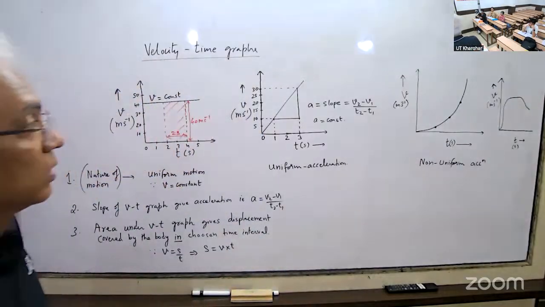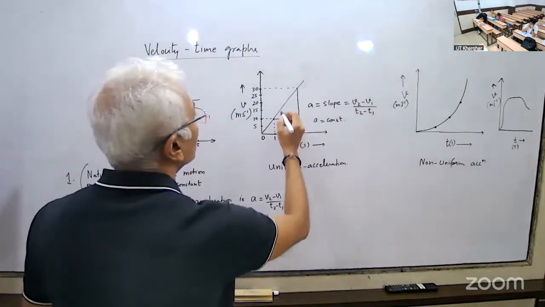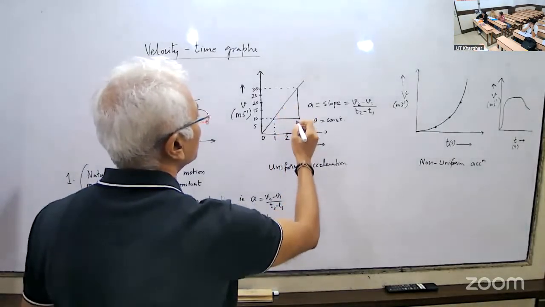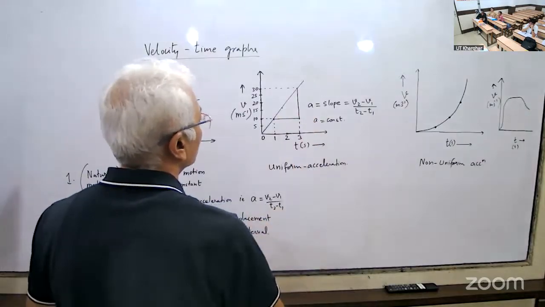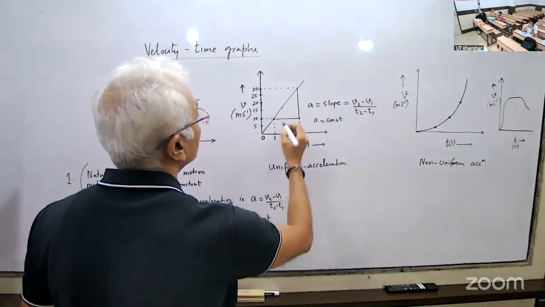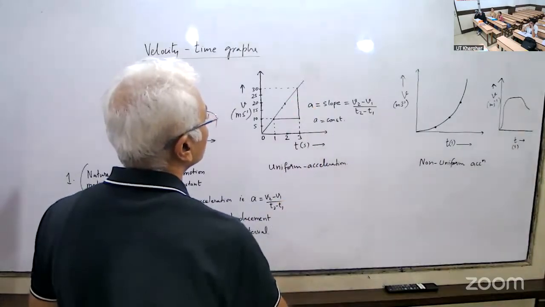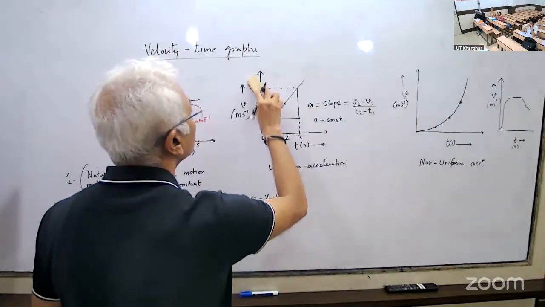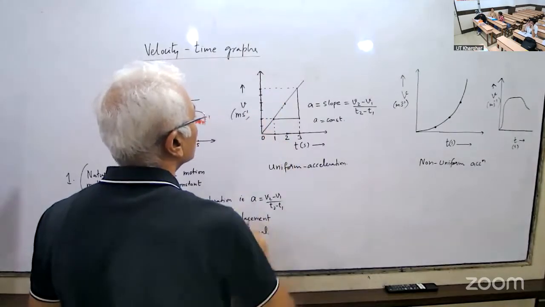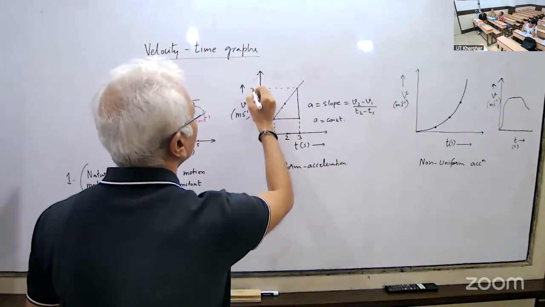Okay. Is it correct? It is a straight line. No, the graph is not correct. Wait. Take this as 10, 20, 30.